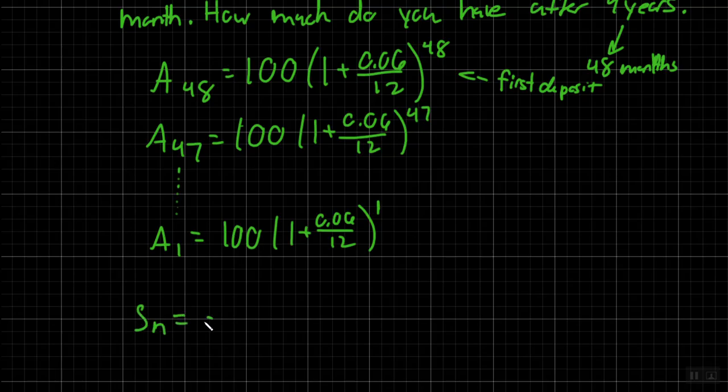Yes, so we have a1. That's the infinite. Yes, I have finite. I have 1 minus r and 1 minus r to the n. Right? Okay.